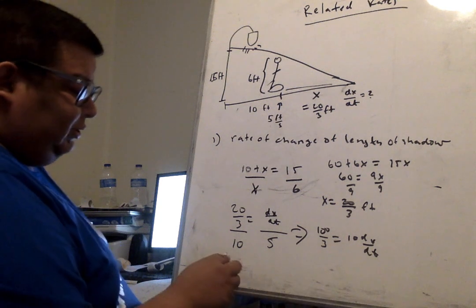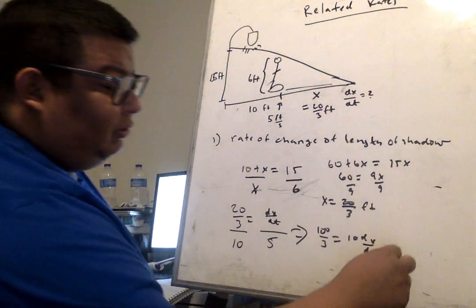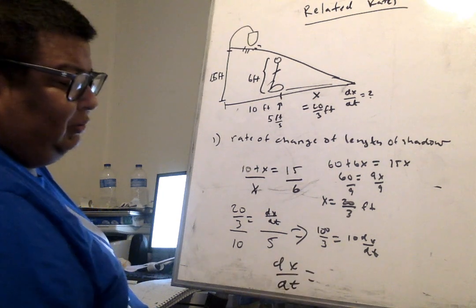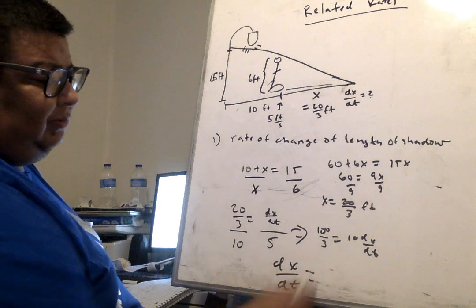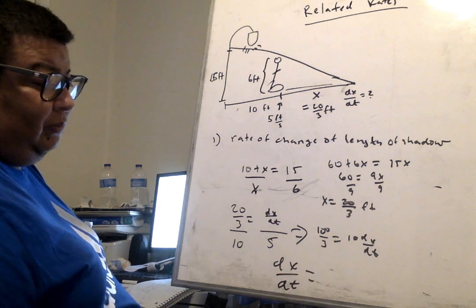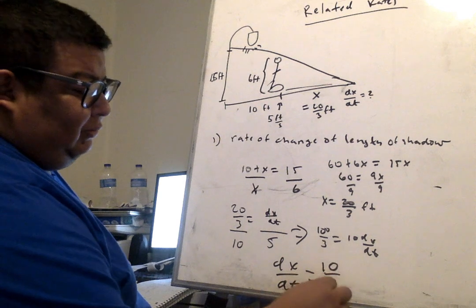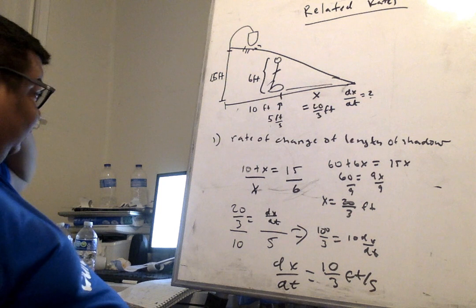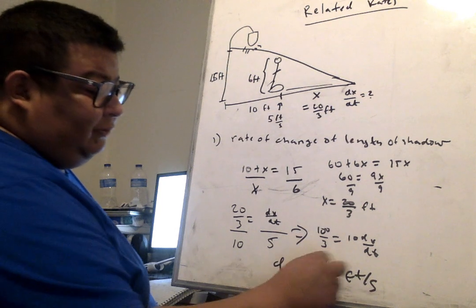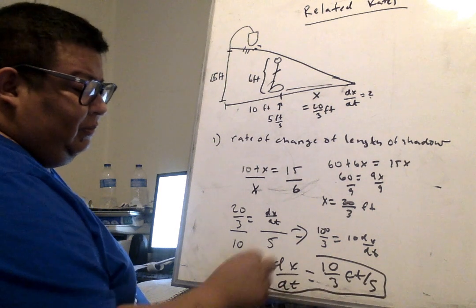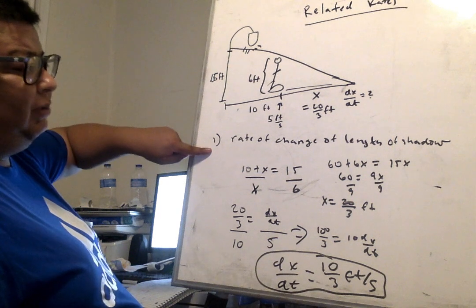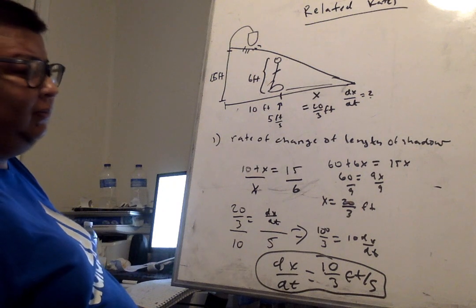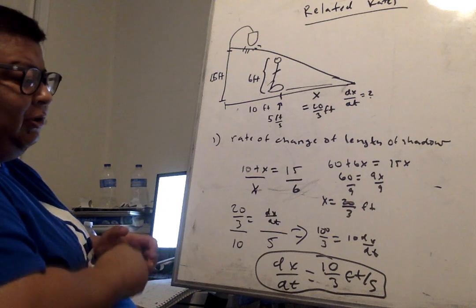So solving for dx/dt, we divide by 10, and that's going to give me 10/3 feet per second. That's the first answer. That's the rate of change of the length x, or the length of the shadow. So let's remember this one.